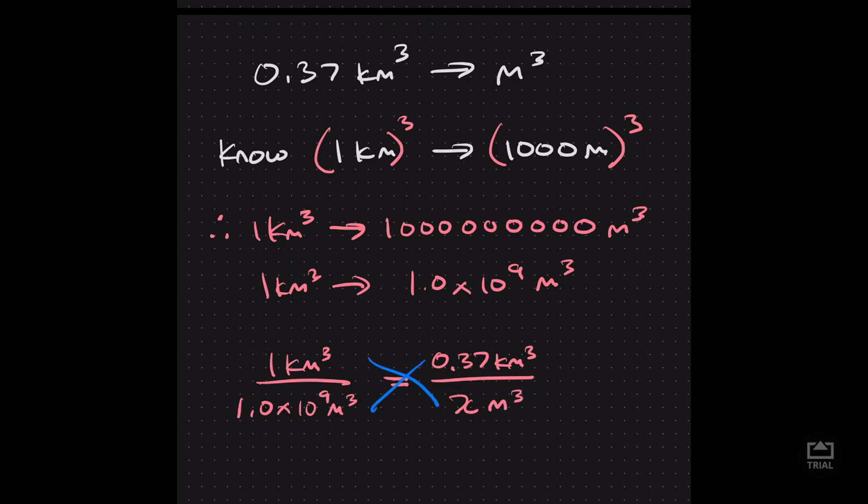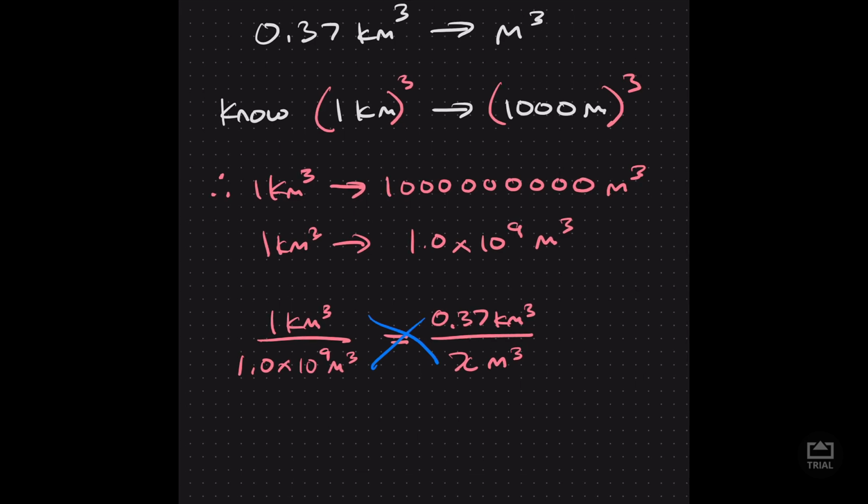A little bit of cross multiplication, and we're going to end up with x is equal to 1.0 times 10 to the 9 times 0.37, and when we punch that into the calculator, we're going to get 3.7 times 10 to the 8, and the units are meters cubed.